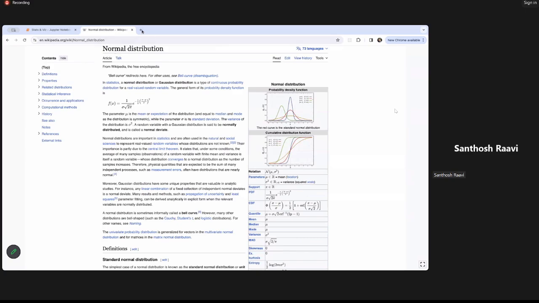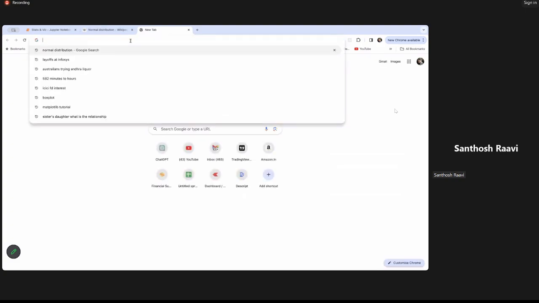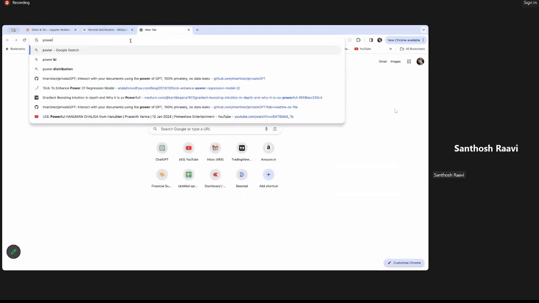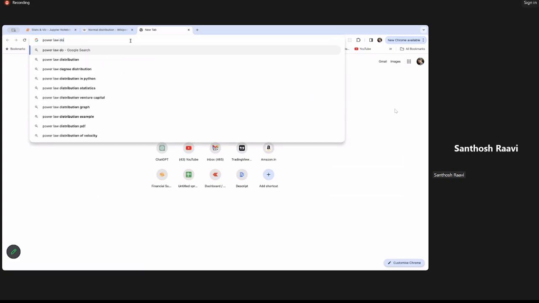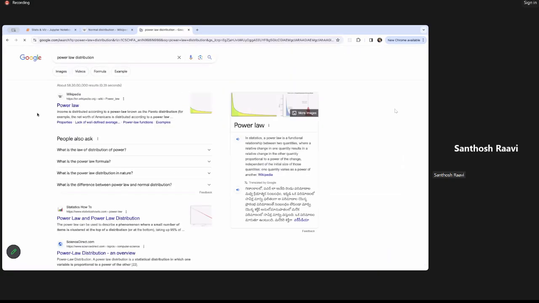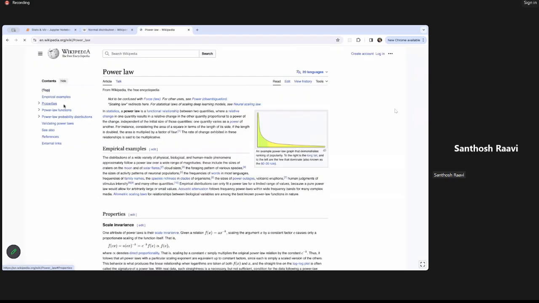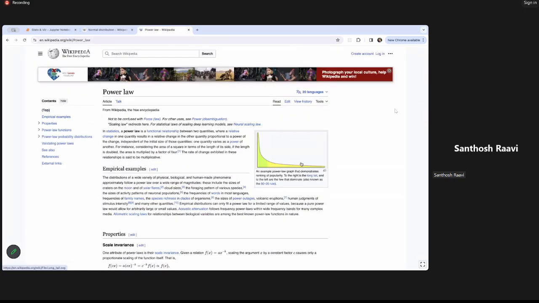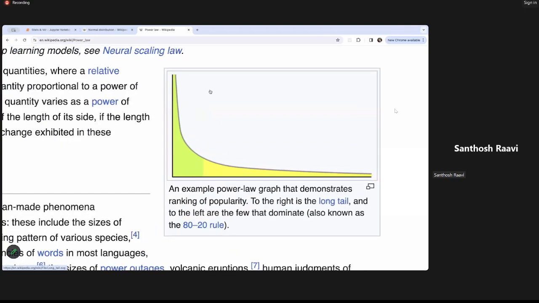Now we will see another distribution as well, the power law distribution. Again, we go to Wikipedia. This is the power law distribution, and this is how it will look. You will get this type of data in rare cases.